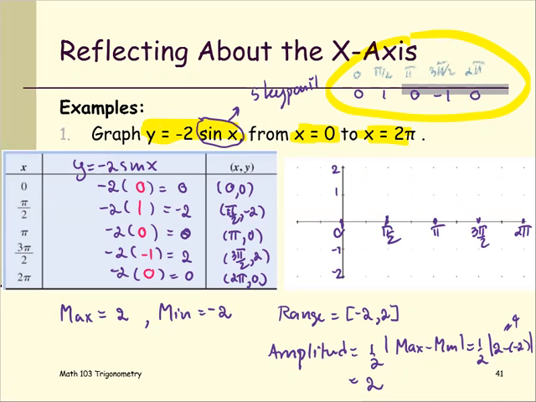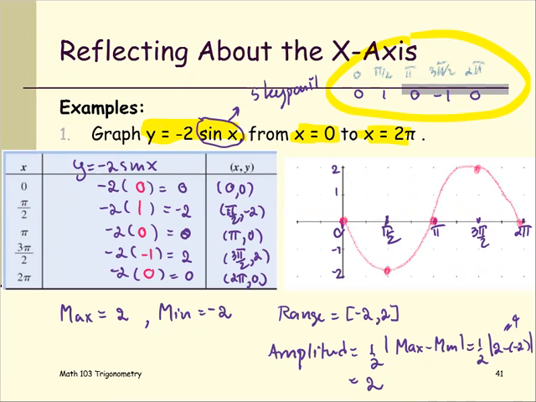And next, we're going to locate all the other pairs on the graphing area. 0, 0, pi over 2, negative 2, pi, 0, 3 pi over 2, the value is 2, 2 pi, the value is 0, and connect all the dots or the points with a smooth curve.